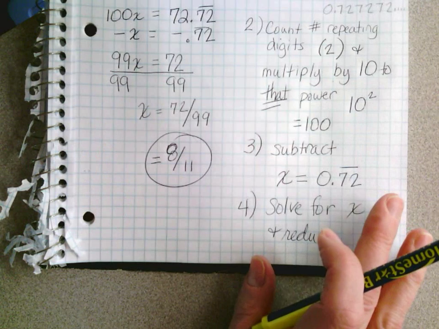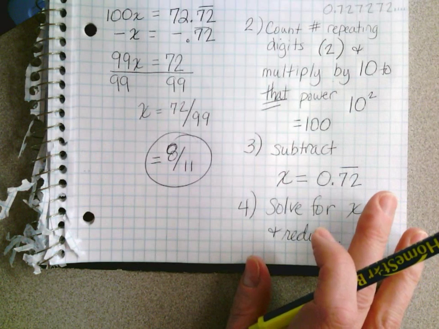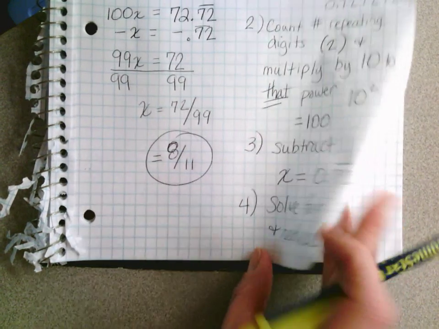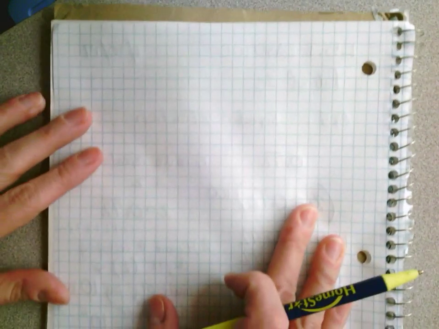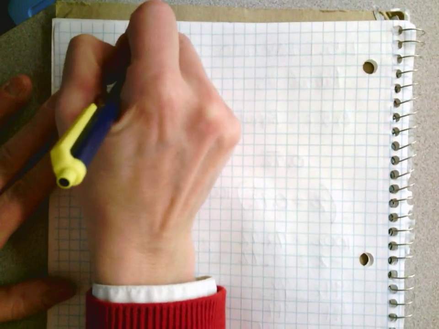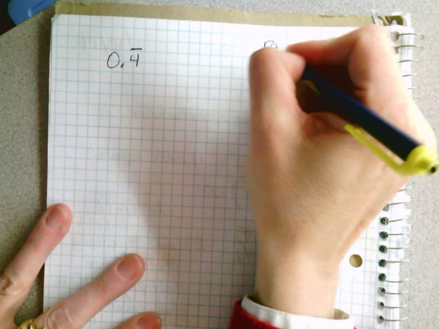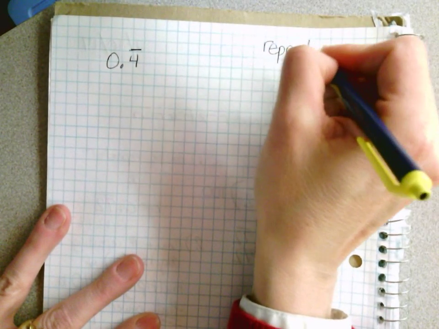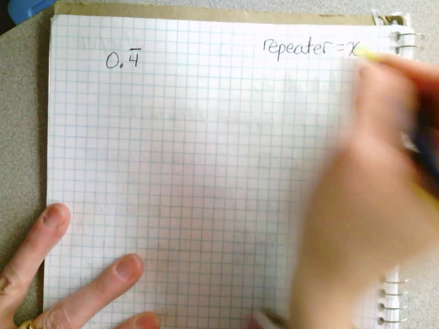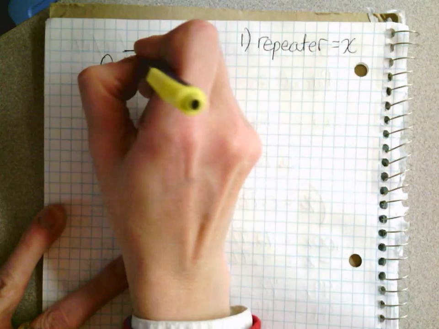Trying to find one that's a little bit different. All right. Okay. 0.4 repeating. Step 1, make the repeater equal to x. That was step 1. Okay?